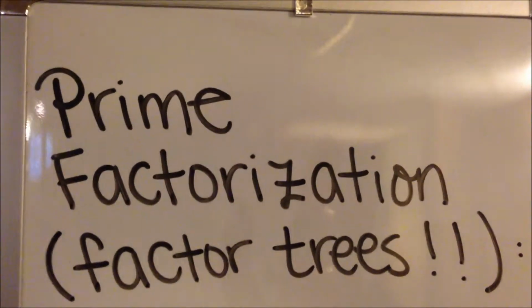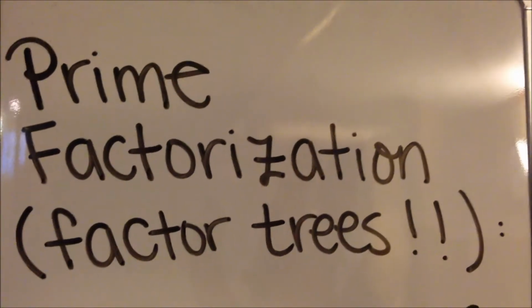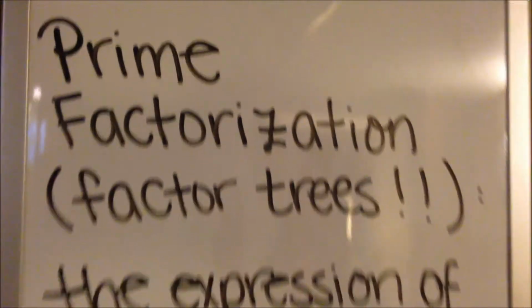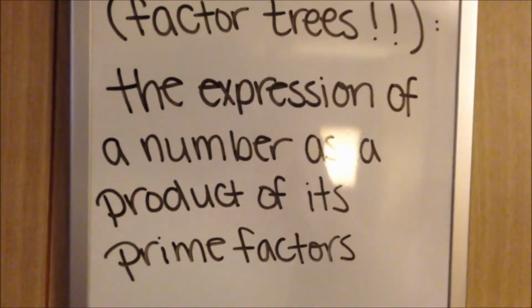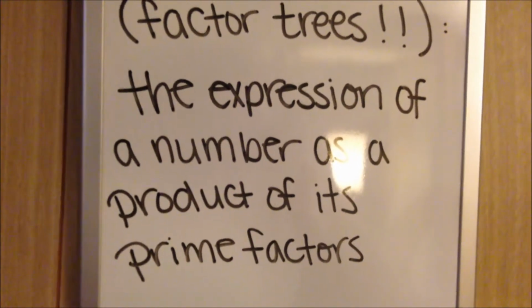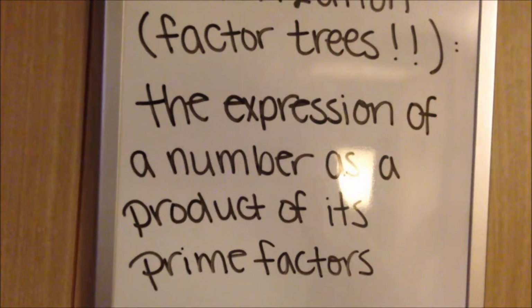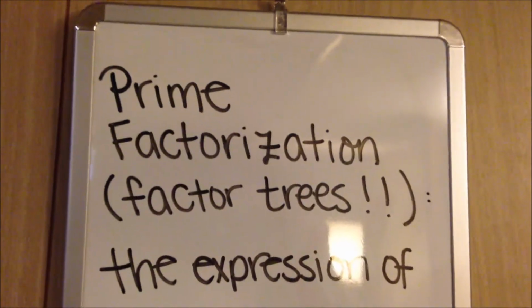The last concept for section 1.7 involves prime factorization, aka factor trees. Prime factorization is simply the expression of a number as a product, meaning multiplication, of its prime factors. In the next slide, I'm going to explain the difference between the factors of a number versus the prime factorization of a number.